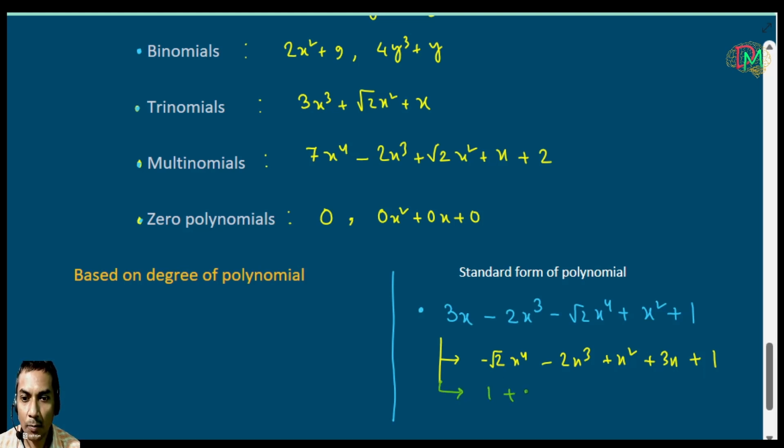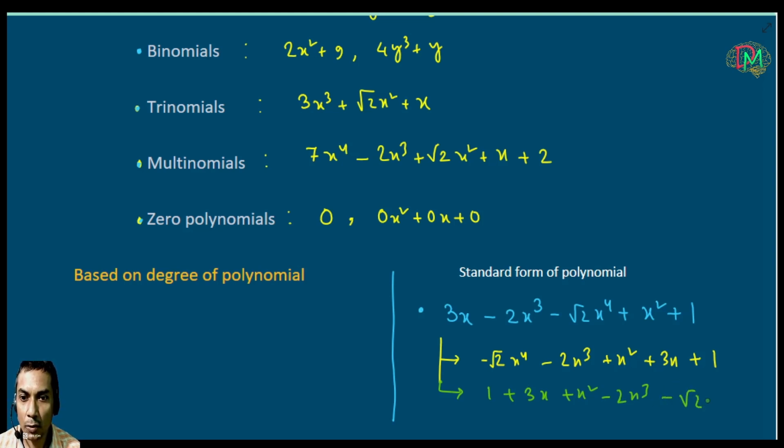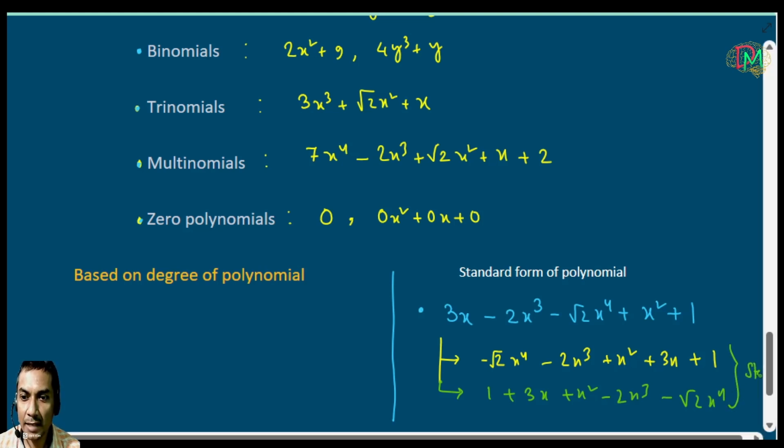Or you can write it as 1 plus 3x plus x square minus 2x cube minus root 2x to the 4. So both of these are the standard form. Clear?